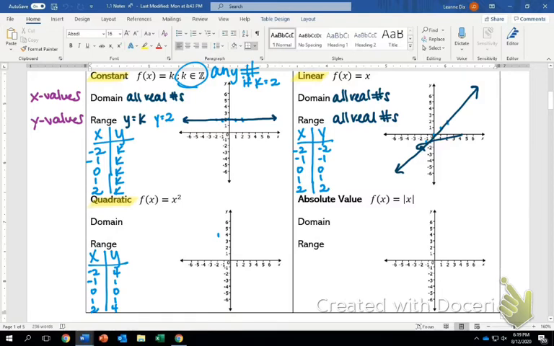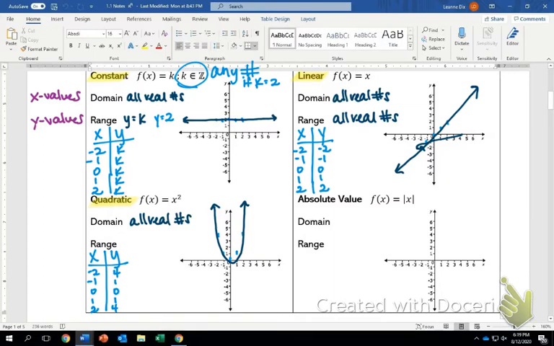So putting my ordered pairs, I have -2, 4, -1, 1, 0, 0, 1, 1, and 2, 4. This creates my U shape, as I said just a little bit above. So connect those, and I can see that my domain, again, is all real numbers.